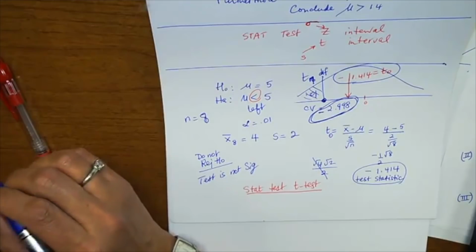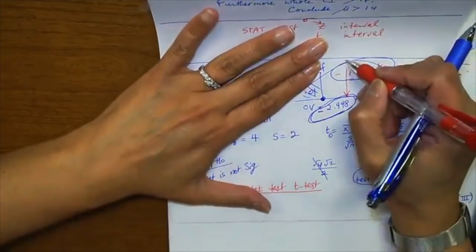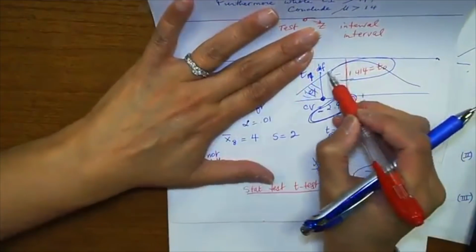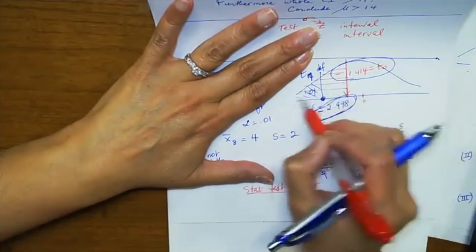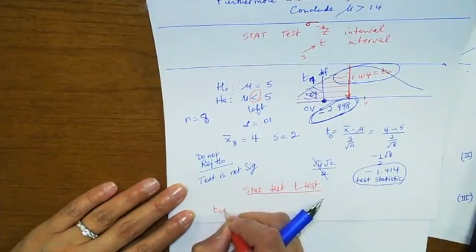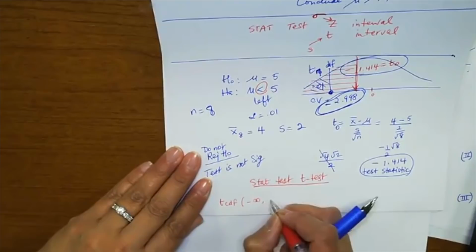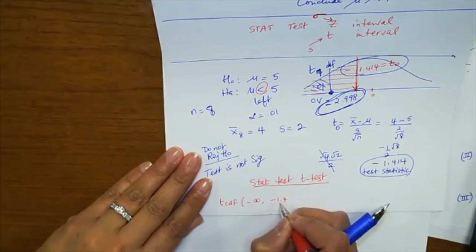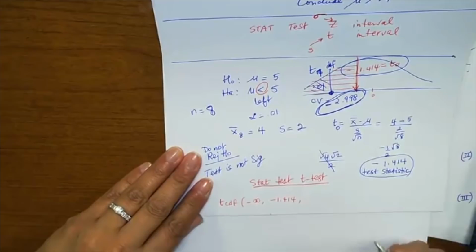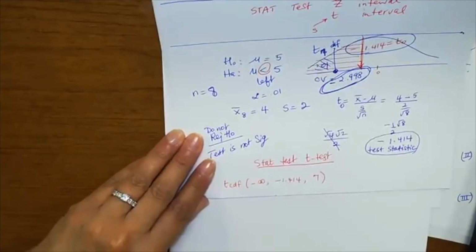Yeah, I always calculate the p-value. P-value is the probability of being more extreme than this. So this is the P-value. So if I were you, I would cheat and go to TCDF, left endpoint minus infinity, right endpoint minus 1.414, degrees of freedom 7. Finish.